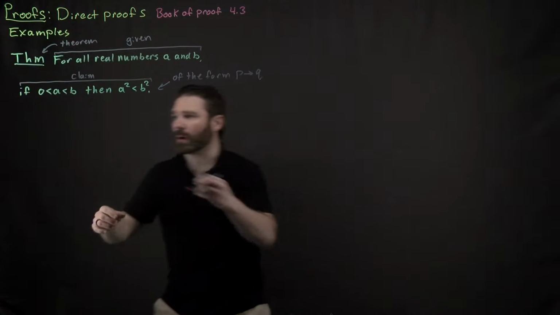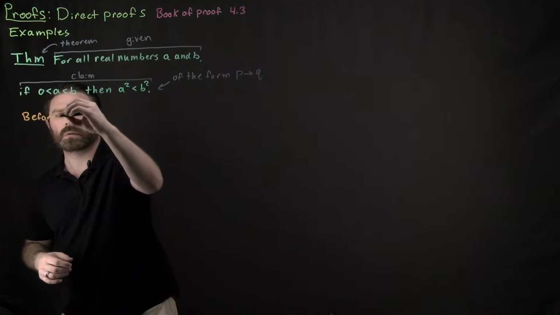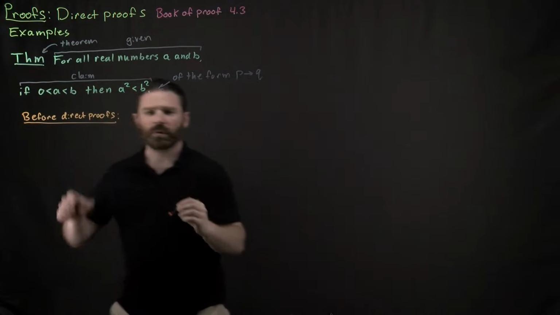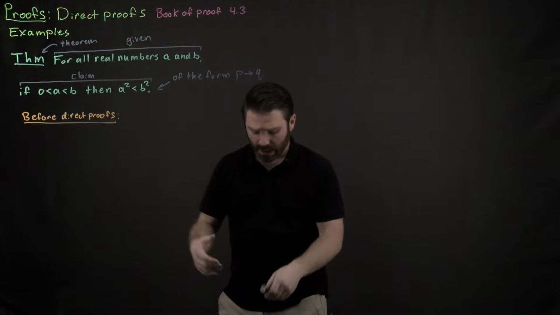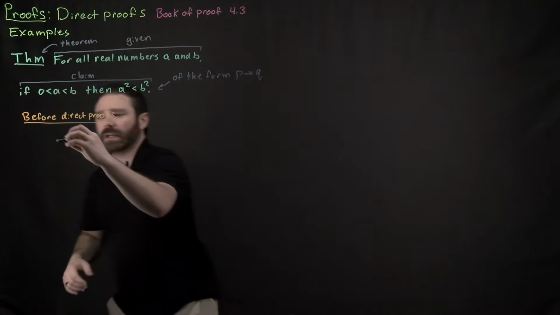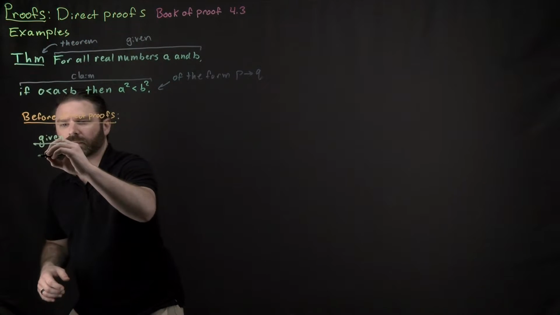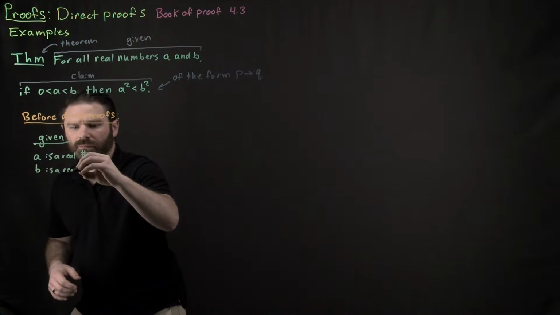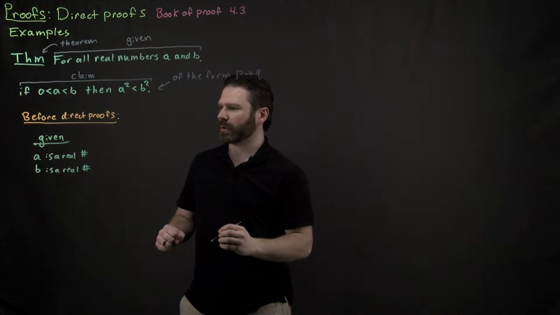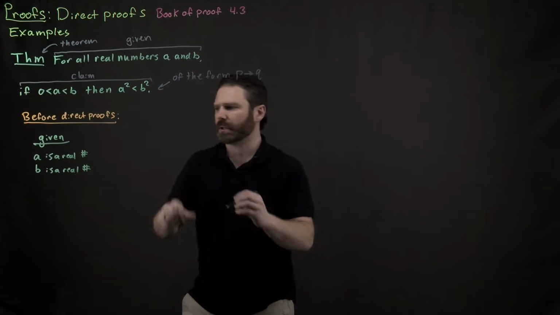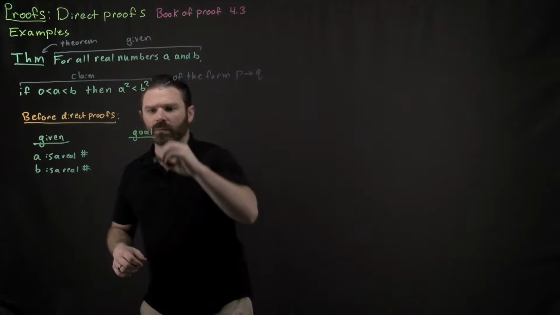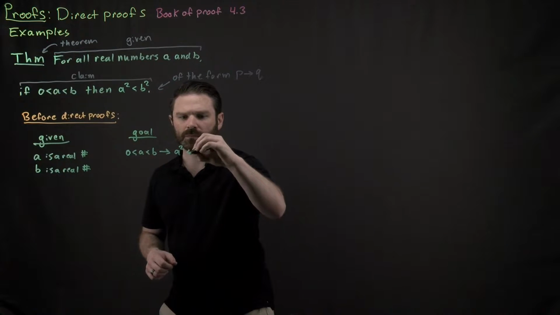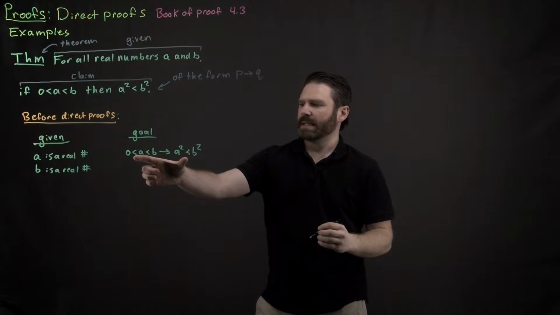So before we had the direct proof technique, what we were stuck with is that we were given a and b are real numbers, and our goal of what we wanted to prove was this if-then statement.